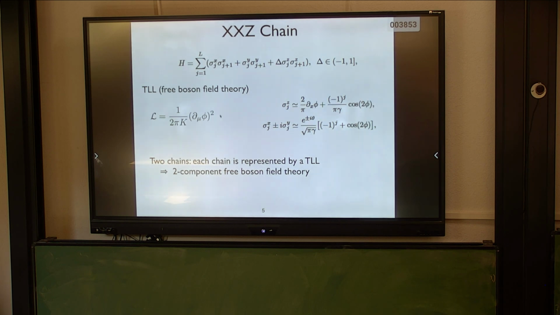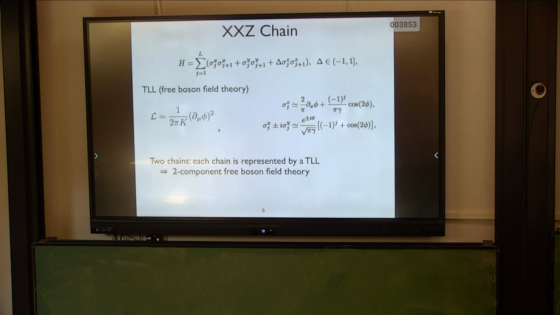So the Lagrangian is just a free boson Lagrangian, and each spin operator, sigma z, sigma x, sigma y, admits some representation in terms of the boson field. So for example, the spin-spin correlation function can be calculated by calculating correlation functions of these operators for the free boson field theory.